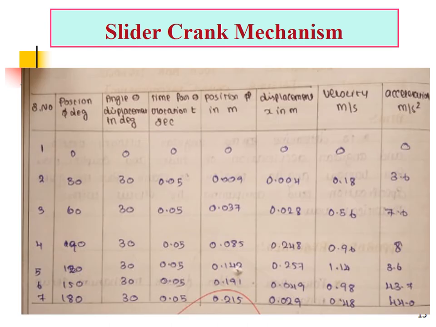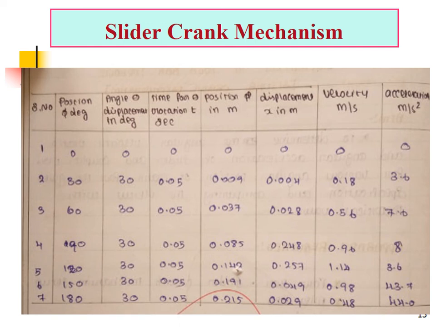This is a tabulation for the slider crank mechanism with sample readings calculated. The table shows readings initially at 0 degree, and then 30, 60, 90, 120, 150 and 180 degrees. The angular displacement is 30 degrees at a time, the time for rotation is 0.05 seconds, along with position, displacement, velocity and acceleration.